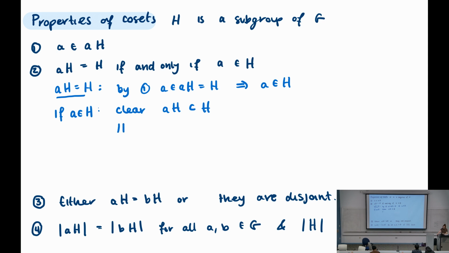And then for the other inclusion, why is H a subset of AH?